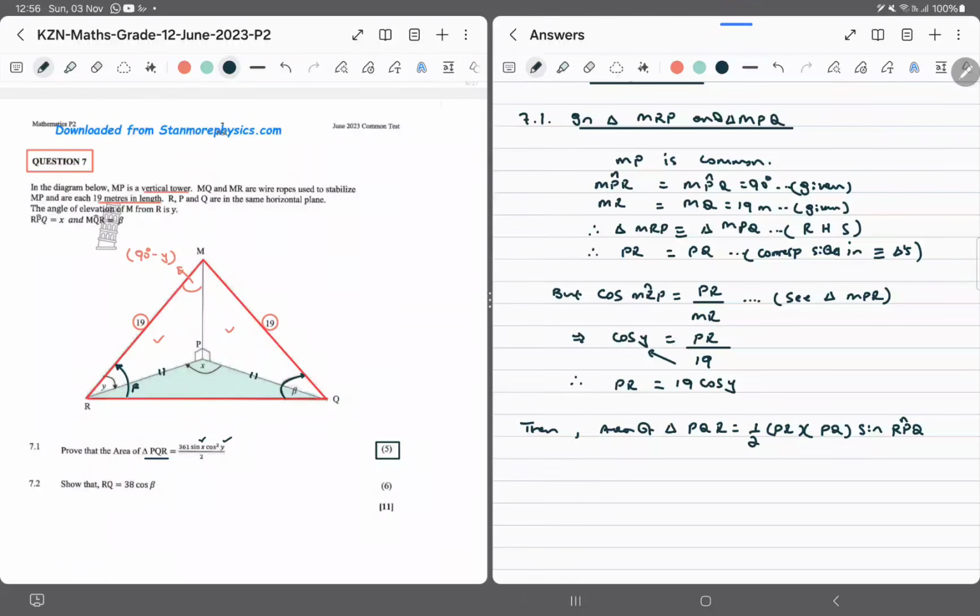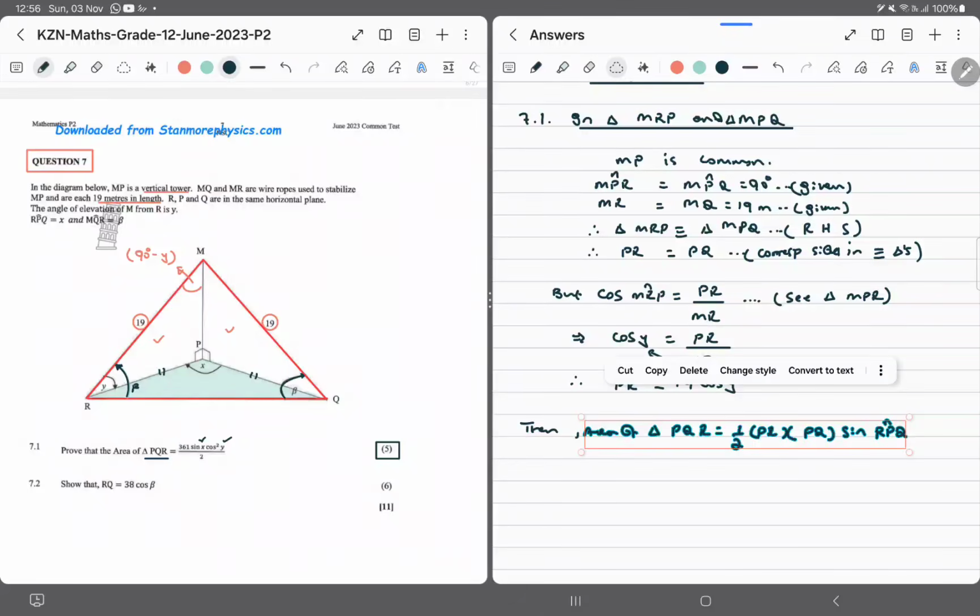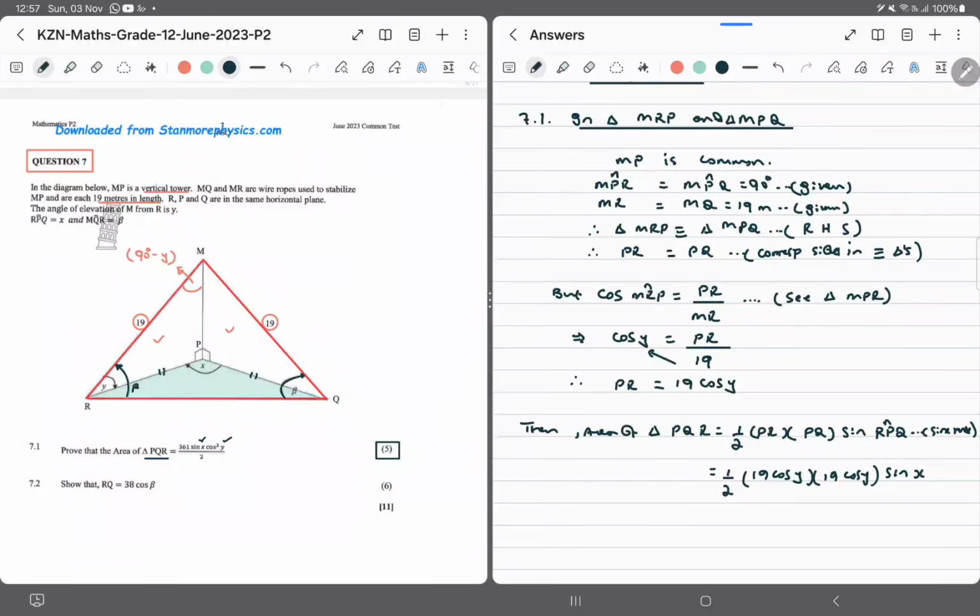That's the sine rule. Now we sort it out. So this is a half PR, which we said is 19 cos y. Now we said PQ and PR are the same, so this is also 19 cos y times sine of angle x.